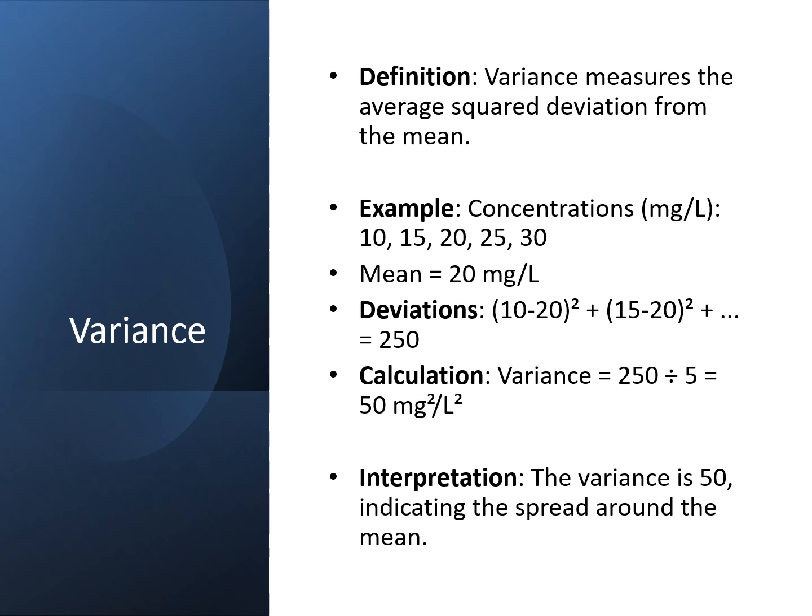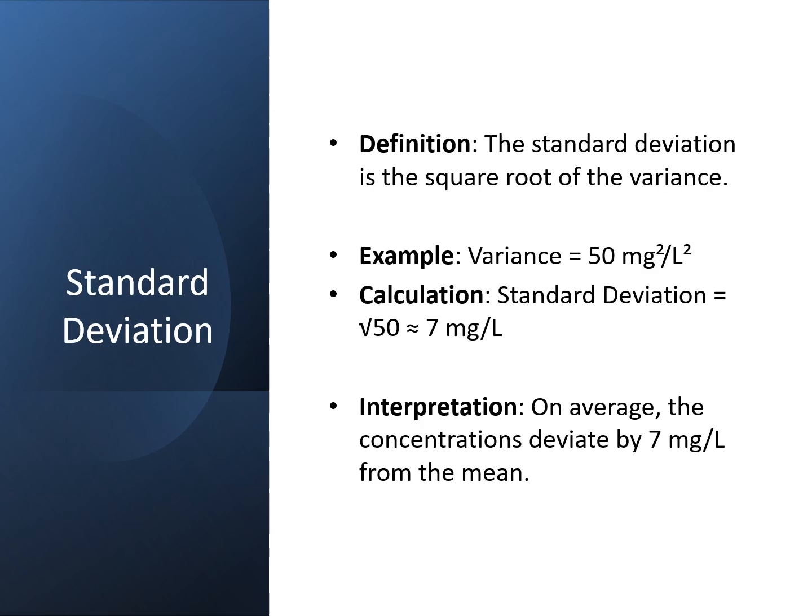Variance is a bit abstract because it uses squared units, but it's the basis for the next measure, standard deviation. Standard deviation. The standard deviation is the square root of the variance, making it a more intuitive measure. It tells us, on average, how much the data values deviate from the mean.